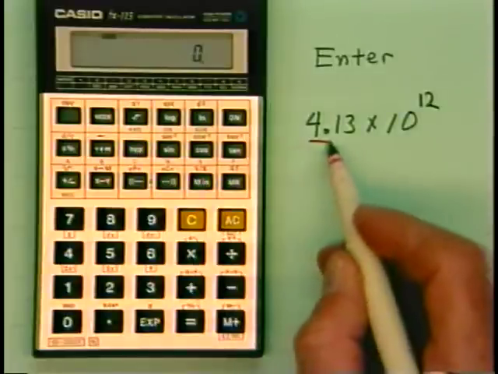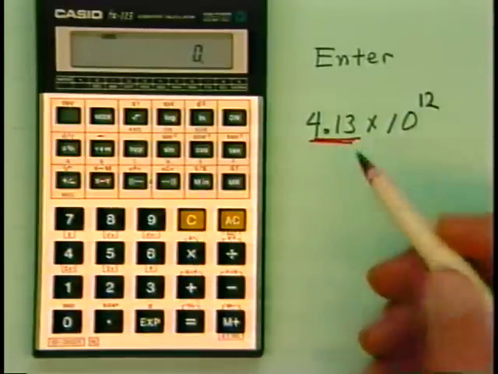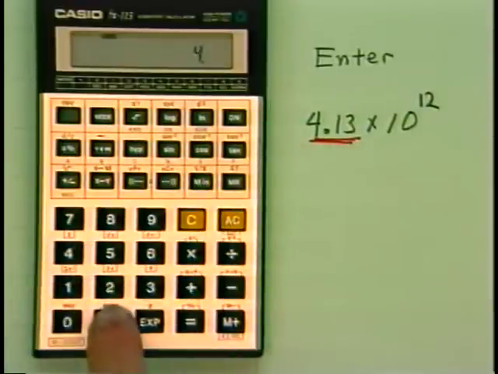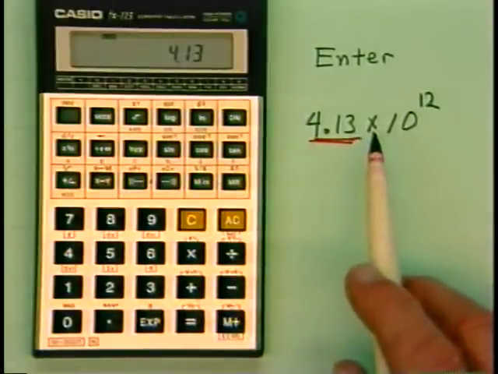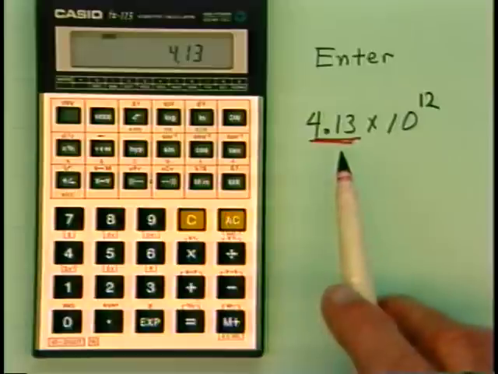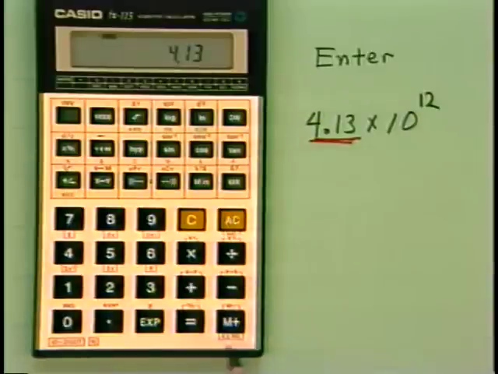So we would enter this decimal portion here, 4.13. Now we need some way to tell a calculator that I'm going to give you a scientific notation number. So on most calculators, it's the EXP key, this one right here. On many calculators, it might be another key, so you have to find that from your directions. But on this one it is EXP, so I push that.